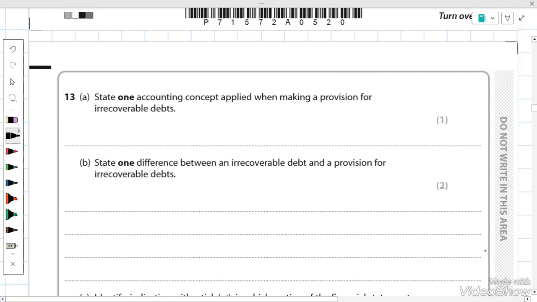By doing this, you are applying prudence on your financial statements, because you don't want to overstate your profit. So prudence is one of the accounting concepts which we use when making the provision for irrecoverable debts.